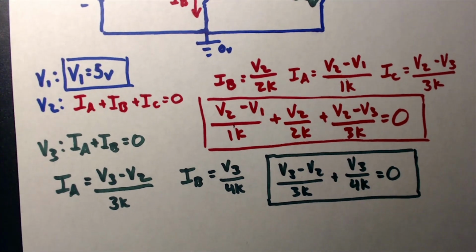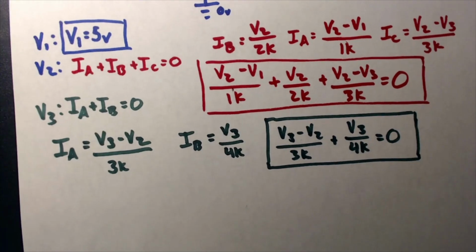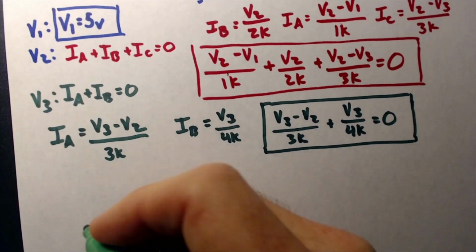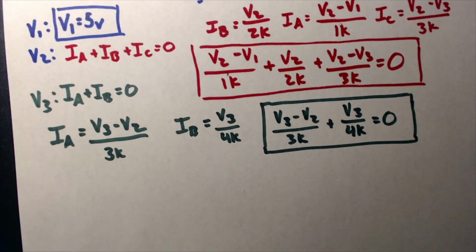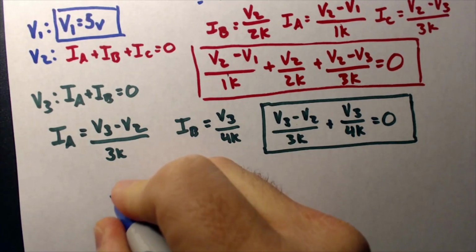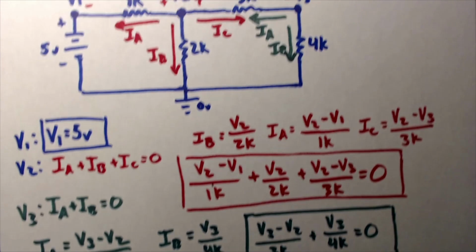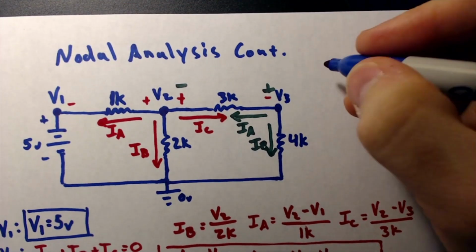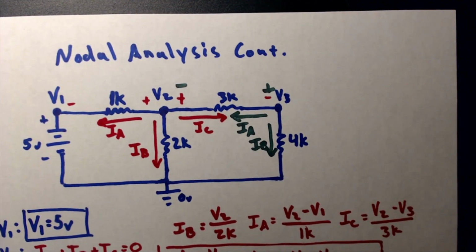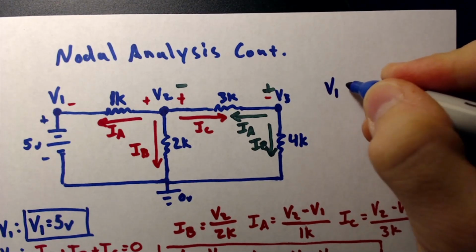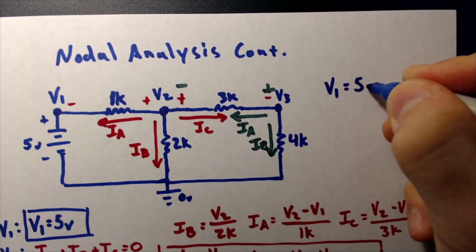Okay, so once you go ahead and solve the system of equations, you're going to be left with, let me switch colors here. Well, V1 we already knew. Actually, I'll write these up here. V1 equal to 5 volts.